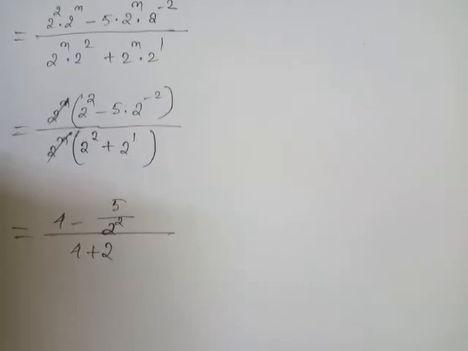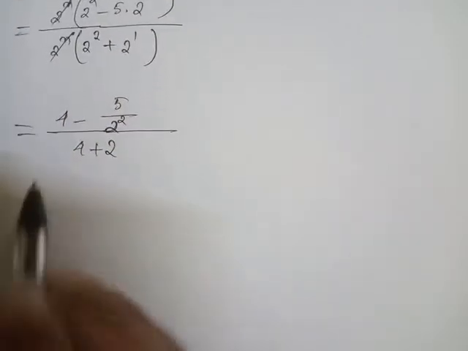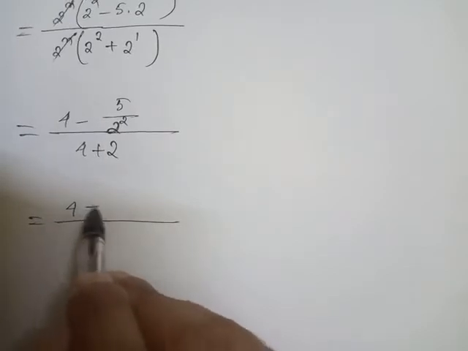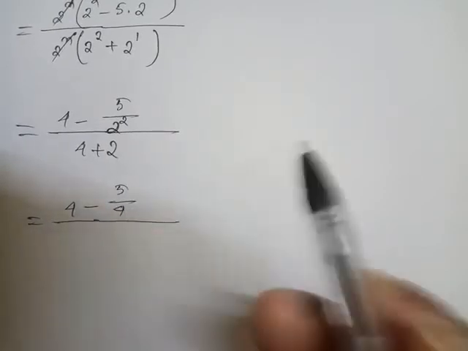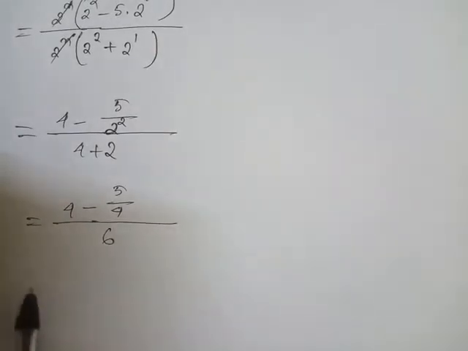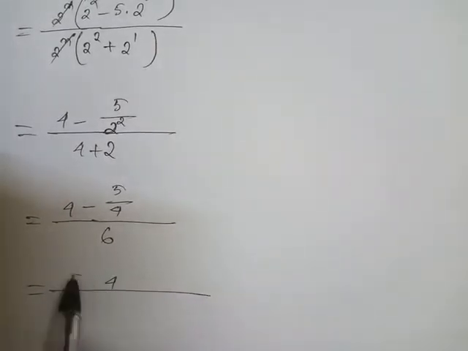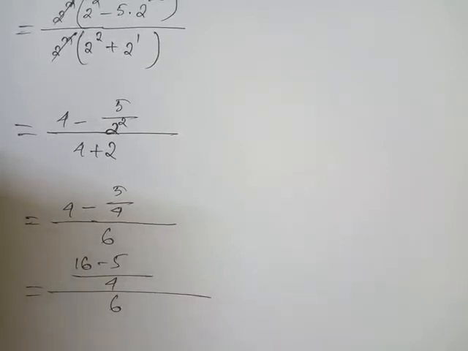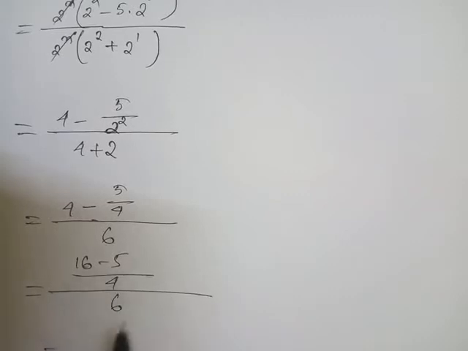Now look here student, the next step would be 4 minus 5 by 4, and 4 plus 2 is 6. We'll go for the LCM now. So LCM is 4 into 4, 16 minus 5, by 4, and there is 6. Now look, 16 minus 5 is 11 by 4, and there is 6.